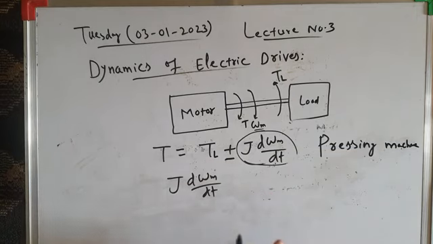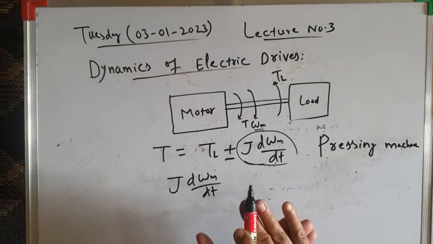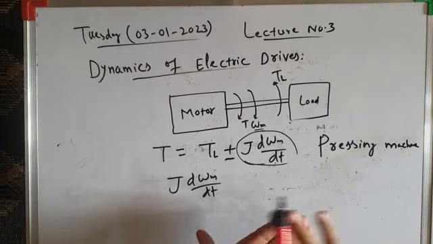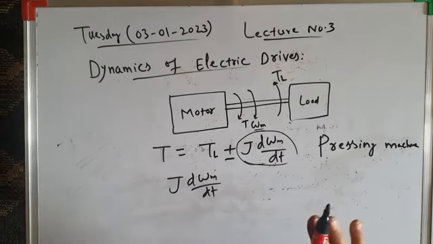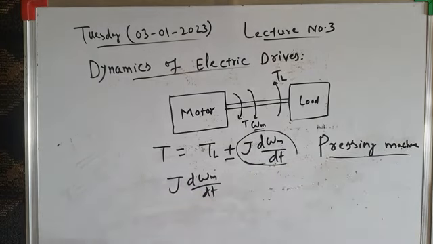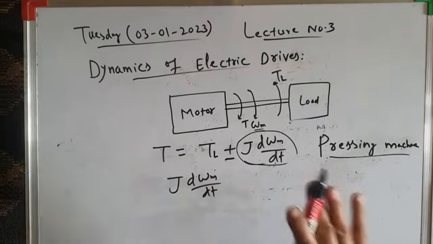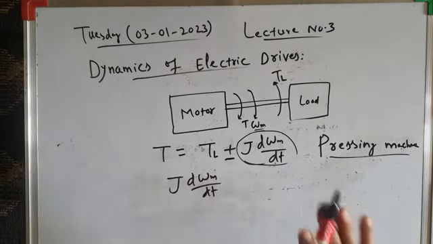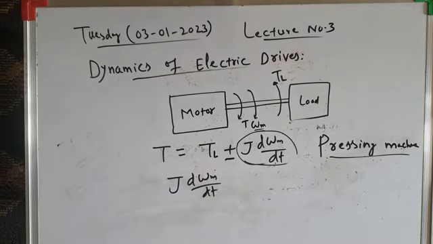When it tries to press some load, at that time the load is applied on the motor, and when the pressing phenomenon is over, the motor is not pressing the load, then the motor runs at no load or at light load. So in a pressing machine, the motor and its driven load run at no load or light load for most of the time, and only during the pressing process does it run at full load.